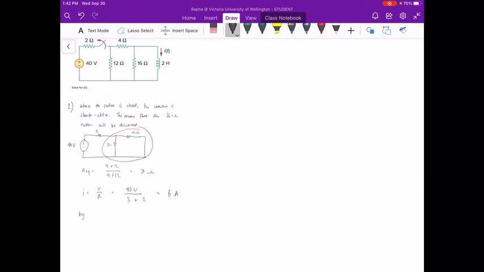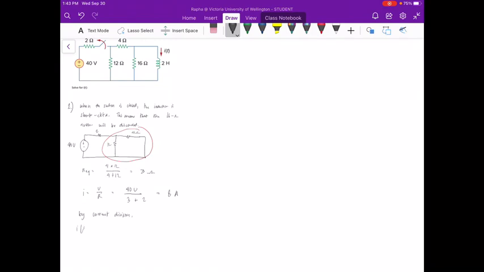By current division, we can obtain the initial value of I sub T, which is basically our I sub 0, the initial current.